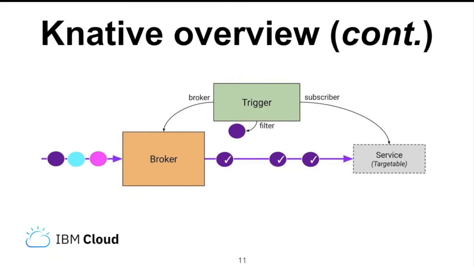you want to execute a particular service. Knative also provides an event broker, which works with the trigger so that when events come into the Knative environment, it can dispatch the events into a particular service.